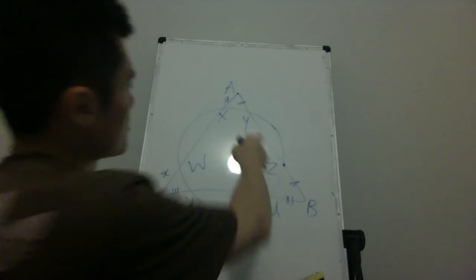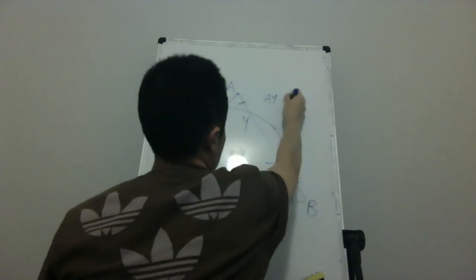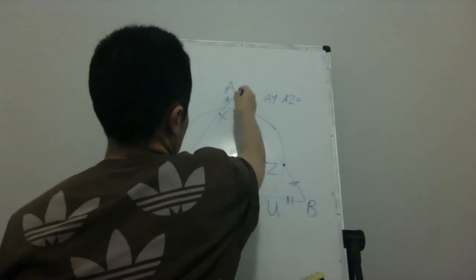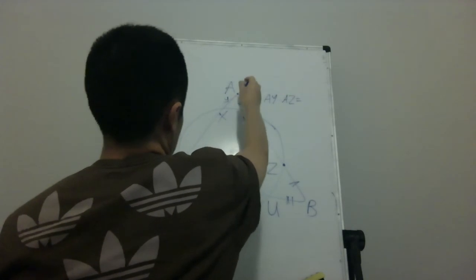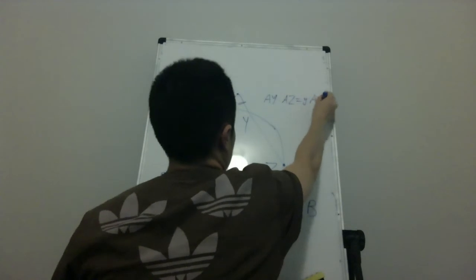let me state the result. So it's AY times AZ equals AX times AW.